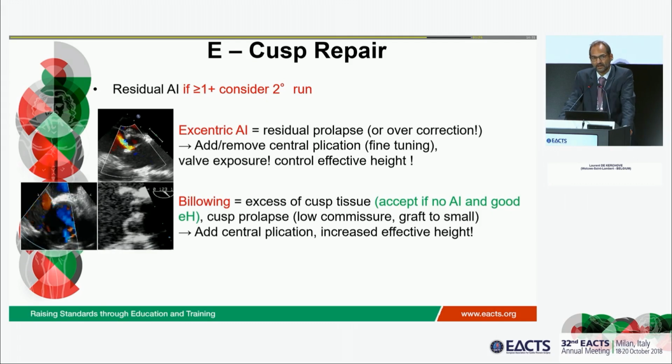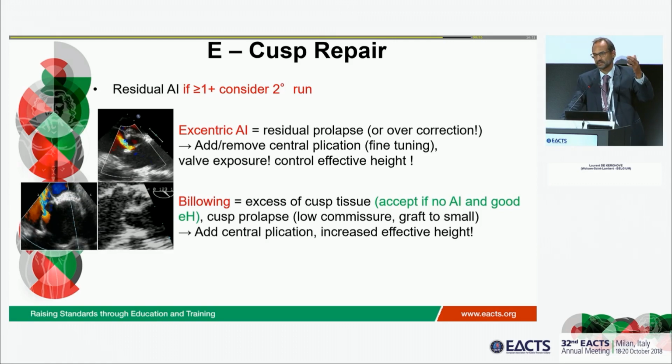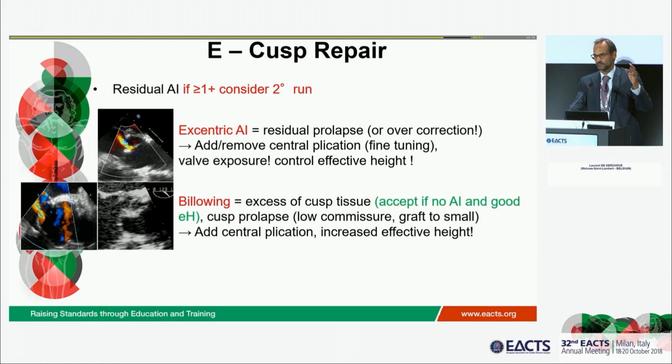Billowing is something we don't like because first the valve doesn't have a good-looking aspect and it's sometimes accompanied by AI, and then it can be the sign of a low coaptation, and we know that low coaptation is very bad. So if you are sure that it is just because you have very big cusps, but you have no AI and a good effective height and the tip of coaptation is high, you may accept some degree of billowing.